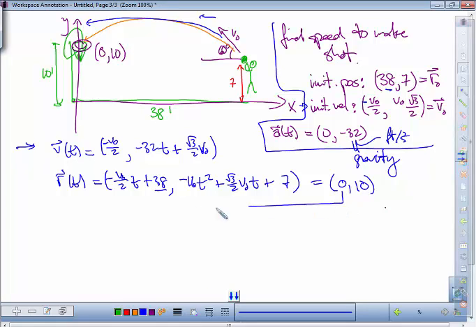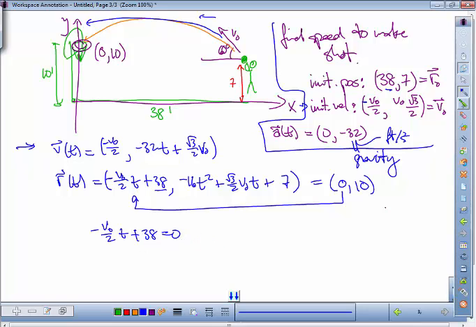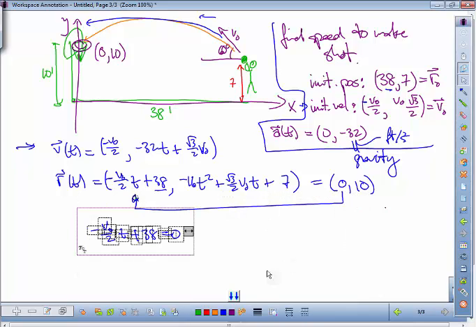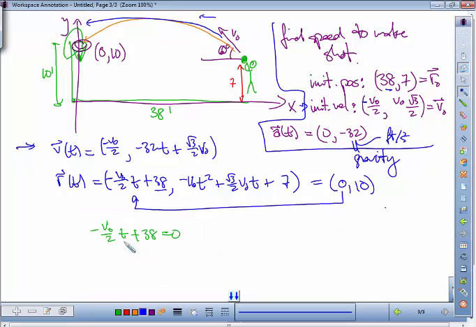Putting these 2 together, this looks like it's going to be an easy find because this is linear. We got negative v naught over 2 t plus 38 is equal to 0. So let's go ahead and solve for that. We can solve for t or v naught. Let's solve for t.